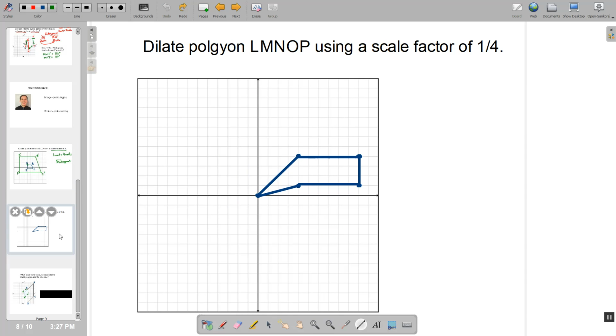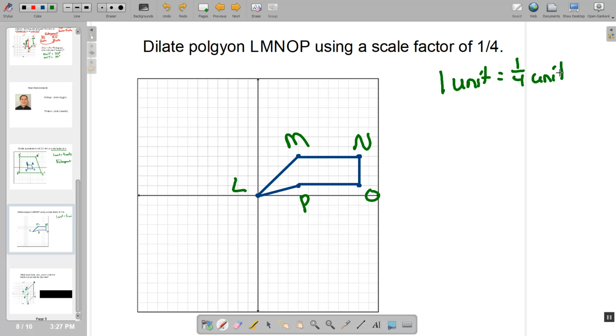So now we got a crazy looking polygon, LMNOP, and we'll make the letters here. We want to dilate with a scale factor of 1/4, which means we are reducing by an order of 4. So we take every individual measurement and divide by 4.